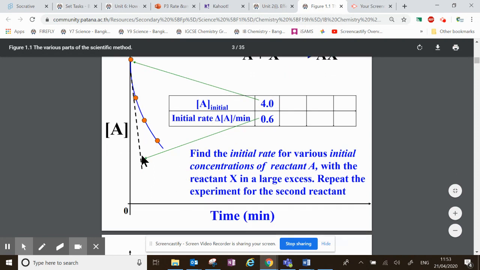The easiest way to draw it is normally to complete this as a triangle, so you've got the time taken for that change in concentration, or ideally extend the tangent so it crosses both axes. So you can look at this change in concentration divided by this change in time. Okay, so we're looking at tangents to give us the rate of reaction.